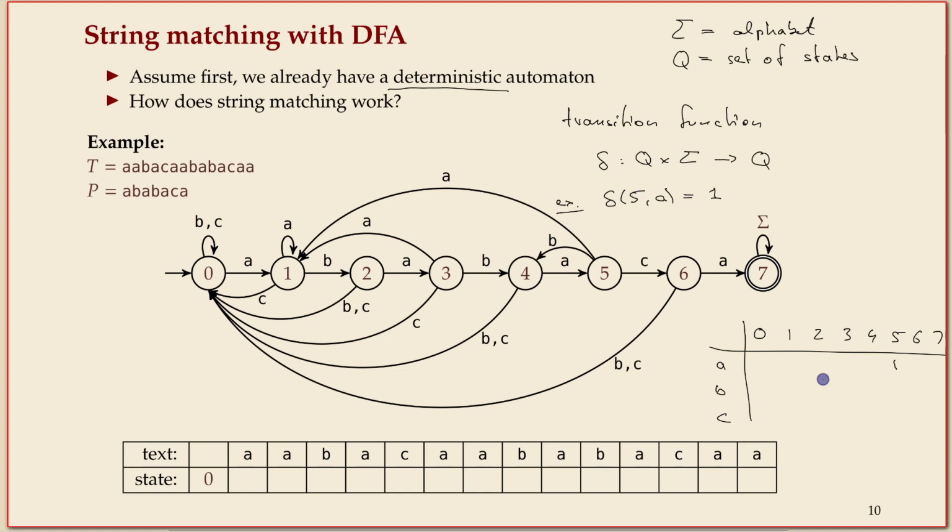So if you draw the table, that's kind of obvious. But in the picture, you could have several outgoing arcs with the same letter, or there could be letters missing. So deterministic just means exactly one arc for each pair of a state and a character.